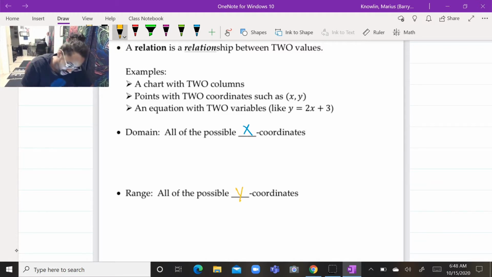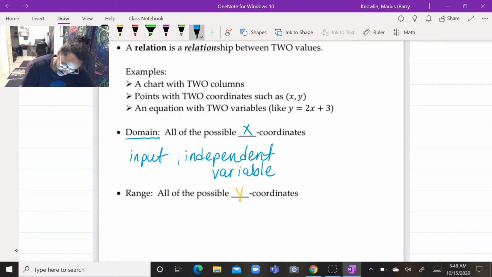Okay. Now, some keywords that are associated with domain would be input, independent variable. Instead of saying x coordinates, sometimes they may use the words x values.